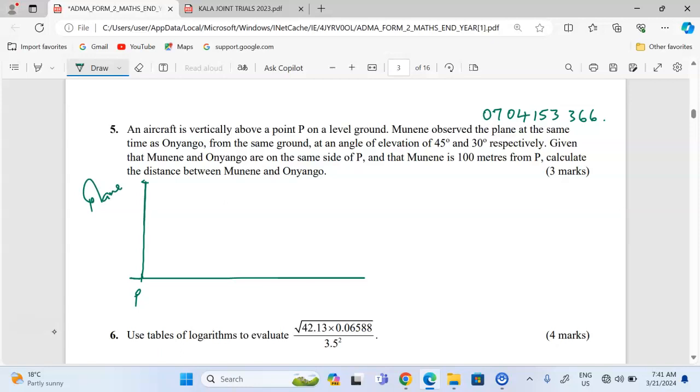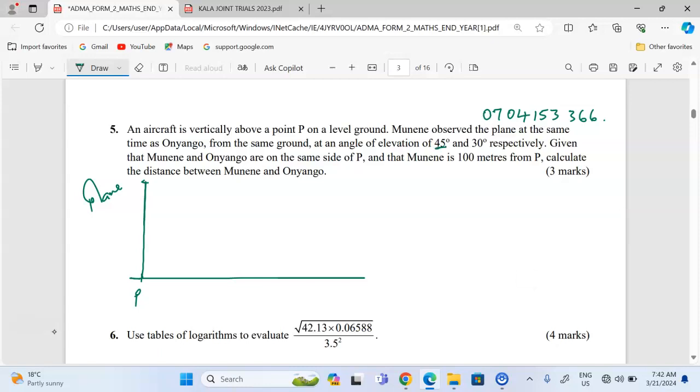Now that it is there, on this level ground, we are having two gentlemen, Monene and Onyango. They are observing at angles of 45 and 30 respectively.